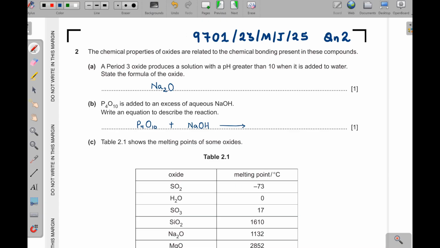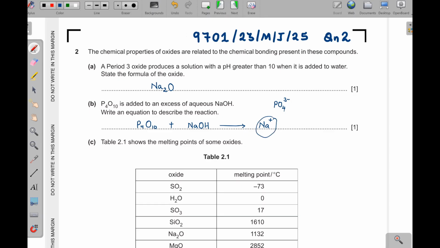Then here you will get sodium phosphate, because when you dissolve this one in water, you will get phosphoric acid. A phosphoric acid gives us a phosphate. You see that? So we shall have sodium phosphate, and the phosphate has PO4 with a 3 minus charge. And for sodium, it is just 1 plus.